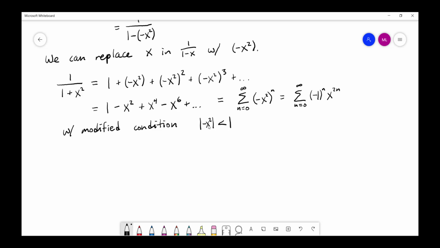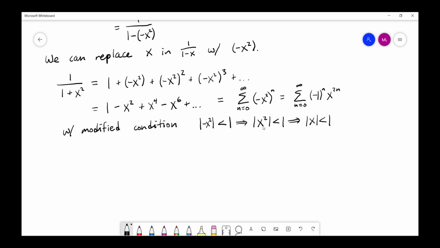And luckily in this case, negative x squared, inside our absolute values, the negative sign has no bearing. So this is going to imply simply that the absolute value of x squared is less than 1. And if we're squaring the x squared term here, basically, this whole thing means that all I care about is simplifying. This is the same thing as saying that absolute value of x is less than 1. It's really the same thing, right?